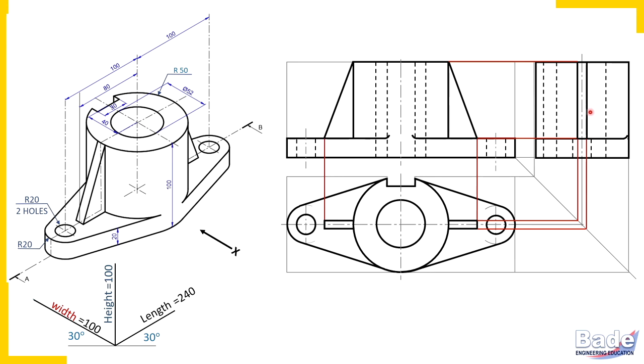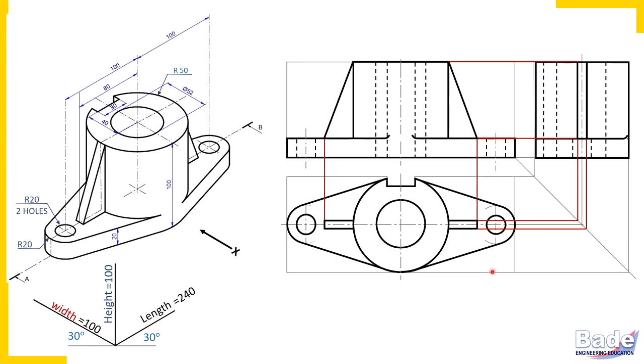But now listen to me very carefully. Either in the top view or in the side view, but it is not your choice. It is not your choice. You should show the cutting plane line in that view in which there are fewer hidden details. Listen once again.